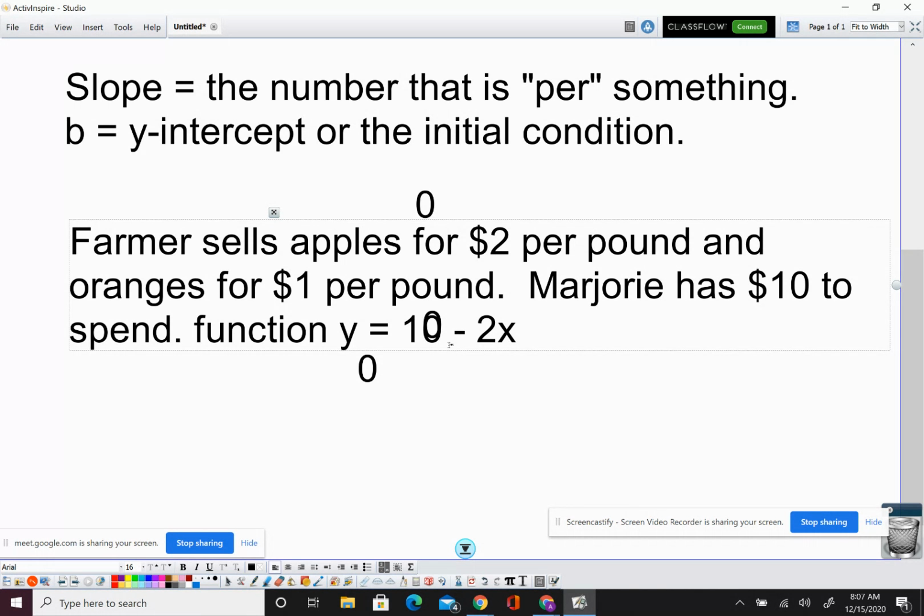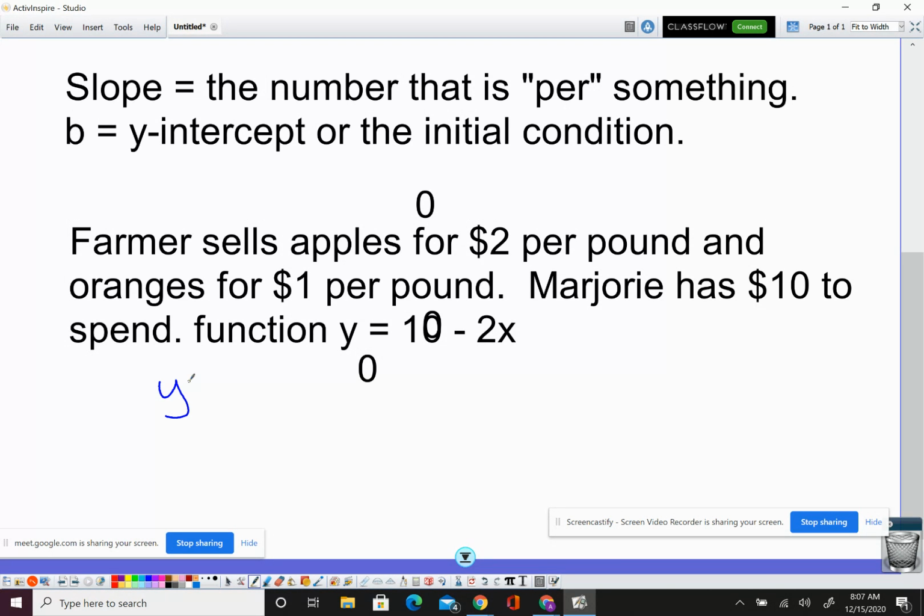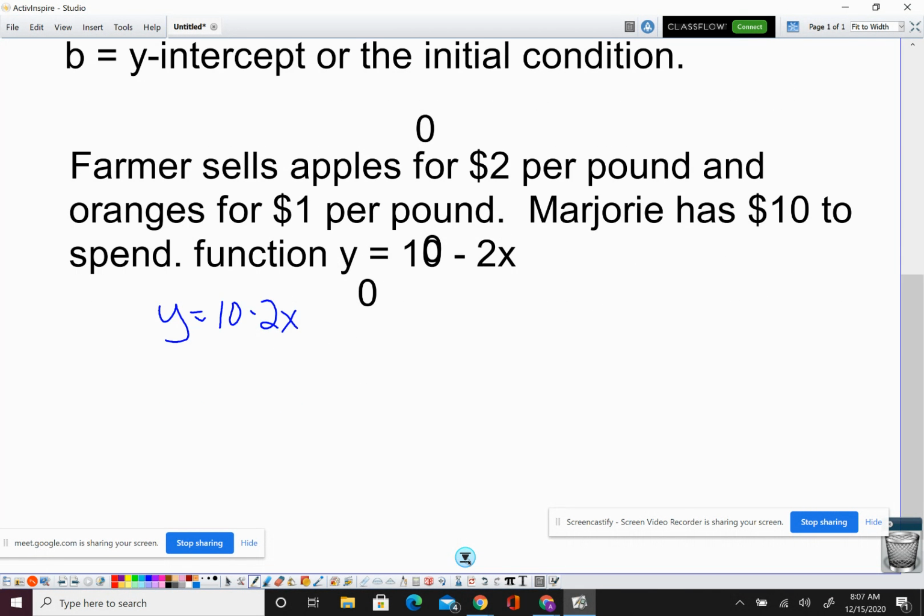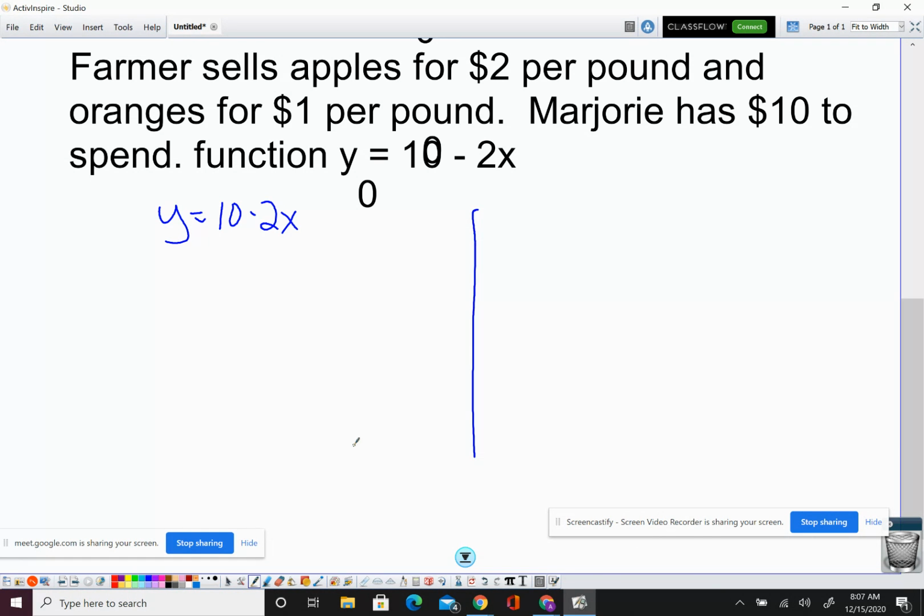So when we look at that graph, we're going to graph this equation, y equals 10 minus 2x. I could start up here and say my initial condition is 10, because that's my y-intercept. And then my slope is -2, so I can go down 2 units and over 1.